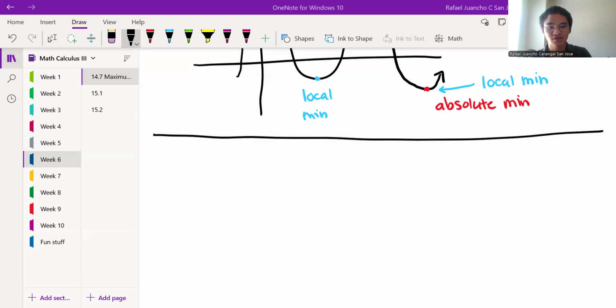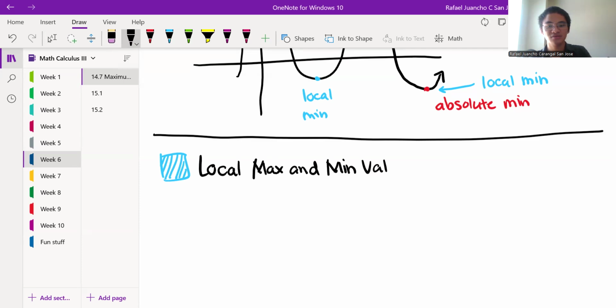Anyway, so let's talk about local max and min in calculus 3. What are local max and min values? I don't know if you guys read chapter 4.